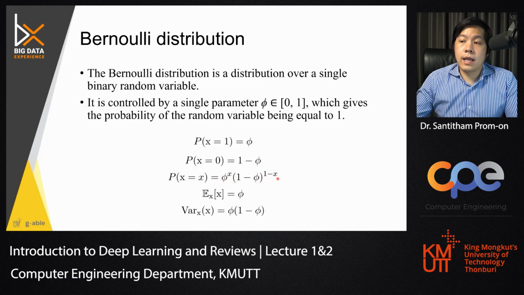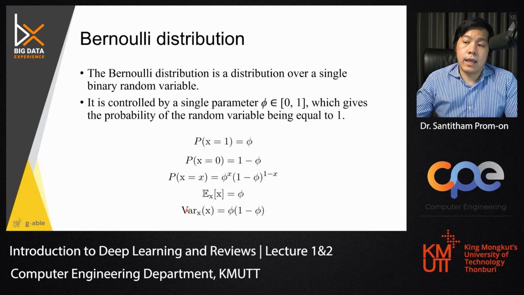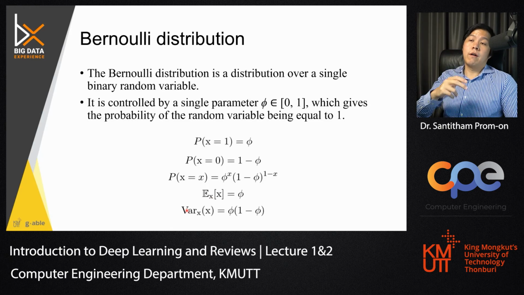So the chance that you will observe this would be phi to the power x times (1 minus phi) to the power 1 minus x. And the expected value of x would be phi, and the variance is phi times (1 minus phi). This is like the distribution for 1 and 0.